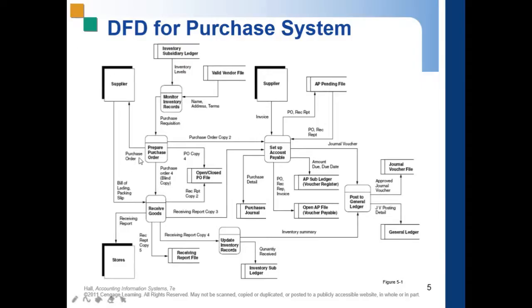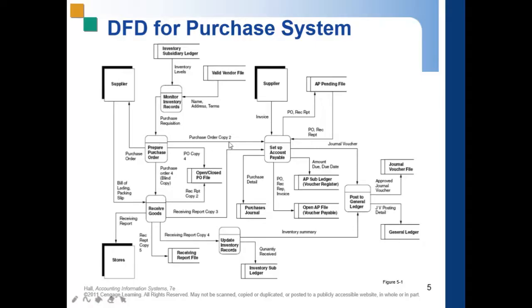So the purchase orders are prepared for each vendor, and a copy of the purchase order is of course sent to the vendor so that the vendor will be aware of what your order is. Now, in addition to that, a copy of the PO is also sent to set up the accounts payable function.